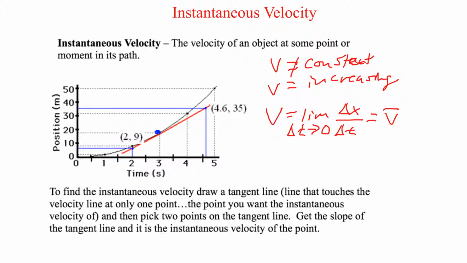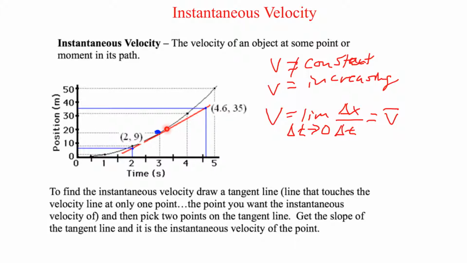So if we draw a tangent line here, so that it only touches this curve at this one point right there, and mine's kind of sloppy because of the length of the pen brush, we can get a linear line, which means that the slope of this line is the same all the way along the line.